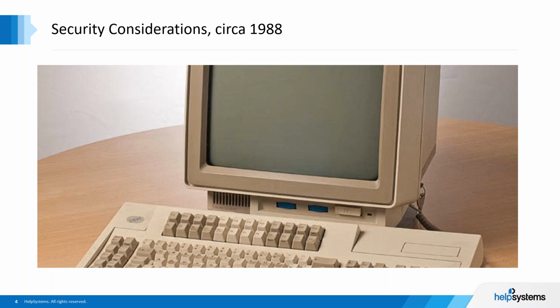In many instances, we used a terminal that looked much like this, often referred to as a dumb terminal. It was connected via a direct point-to-point connection using a black Twinax cable. It was a very straightforward environment. There was a brick off the back of the IBM or AS400 as it was back then that allowed 4 or 8 of those connections to come in, and then of course we had multiple of those bricks, and it was a very straightforward environment.